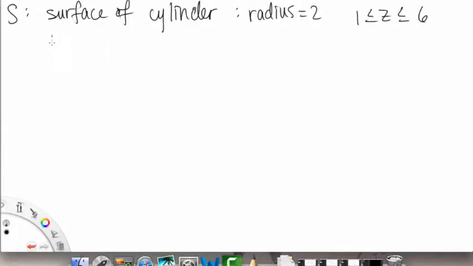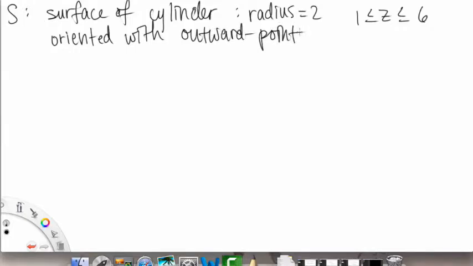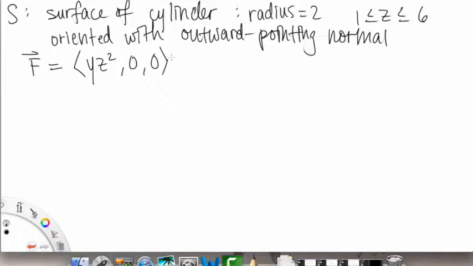It also tells us the orientation, so it is oriented with outward pointing normal. And our given vector field with which to integrate is (yz squared, 0, 0).